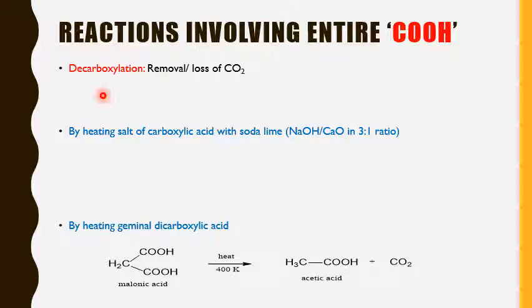Instead of COO, I can say it is CO2, which is carbon dioxide. So the reaction involves removal of a carbon dioxide molecule. The loss of one CO2 from a monocarboxylic acid will result in the formation of an alkane, whereas for a dicarboxylic acid it will result in the formation of a monocarboxylic acid. Let us see in detail.